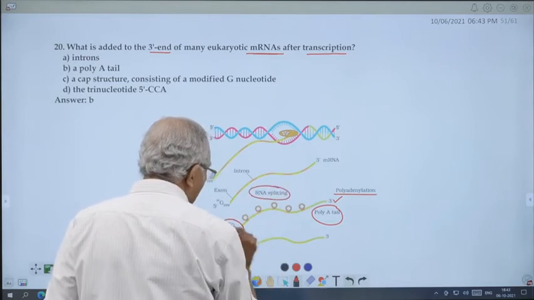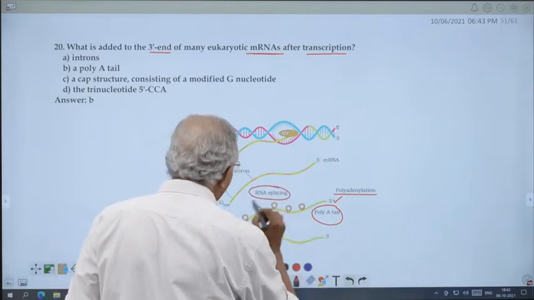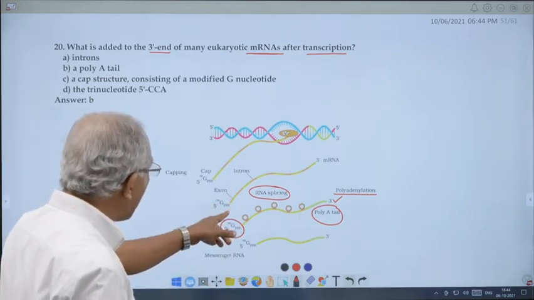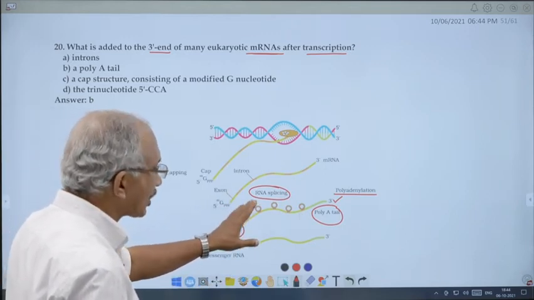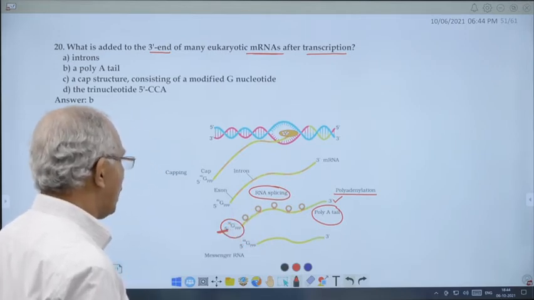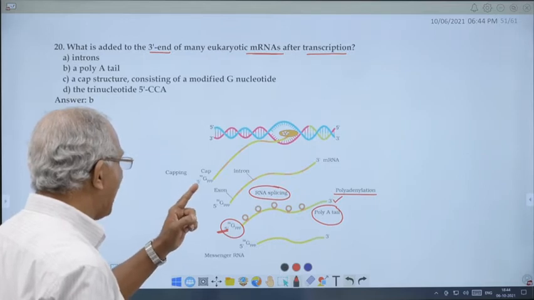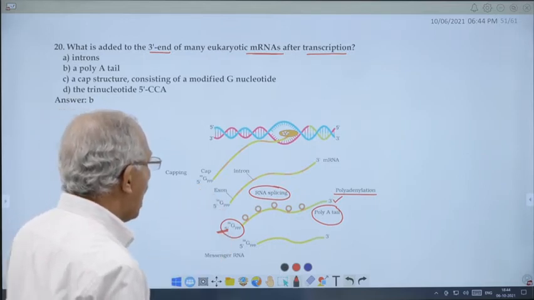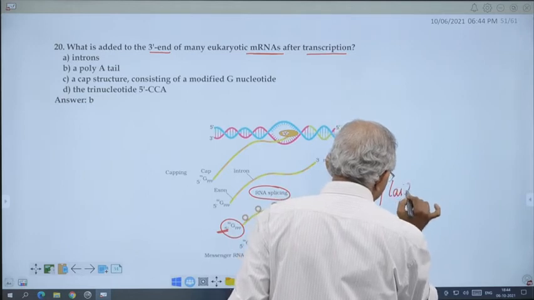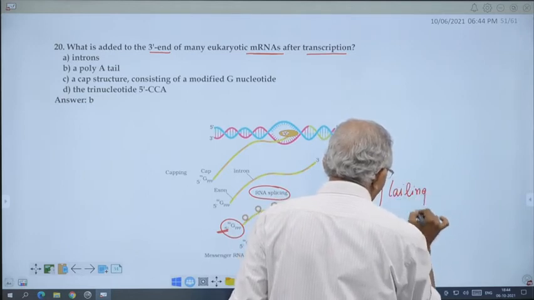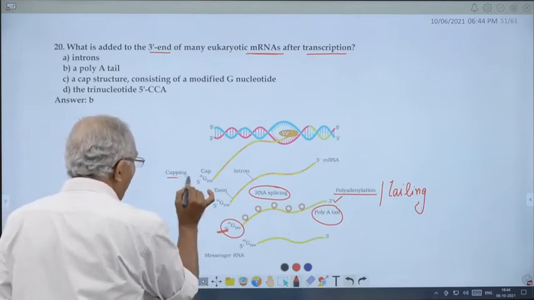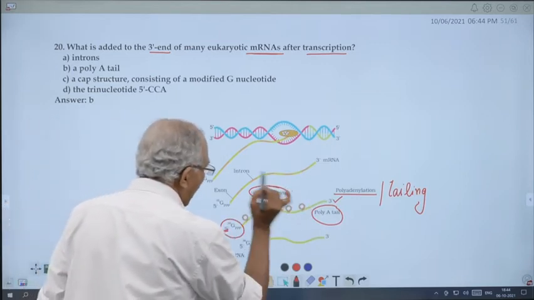These are the three events that take place in RNA after transcription: polyadenylation, otherwise called tailing, capping, and splicing.